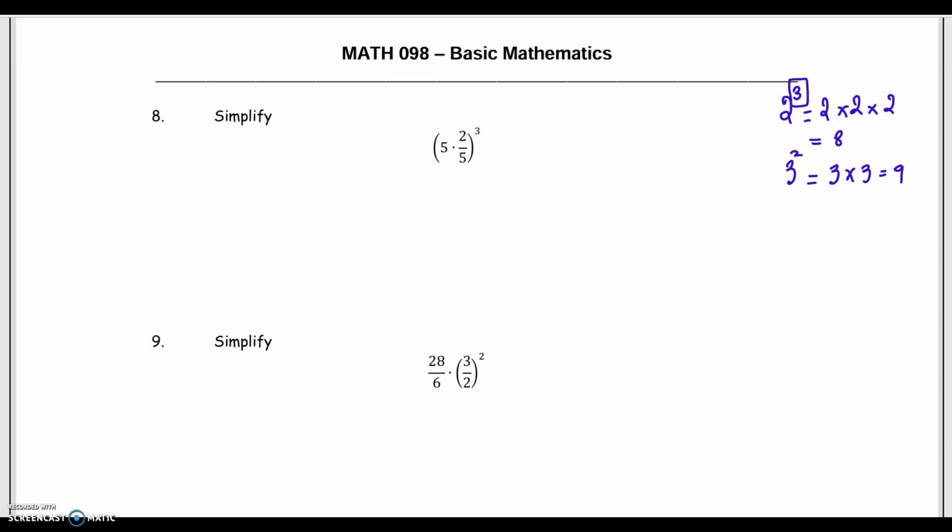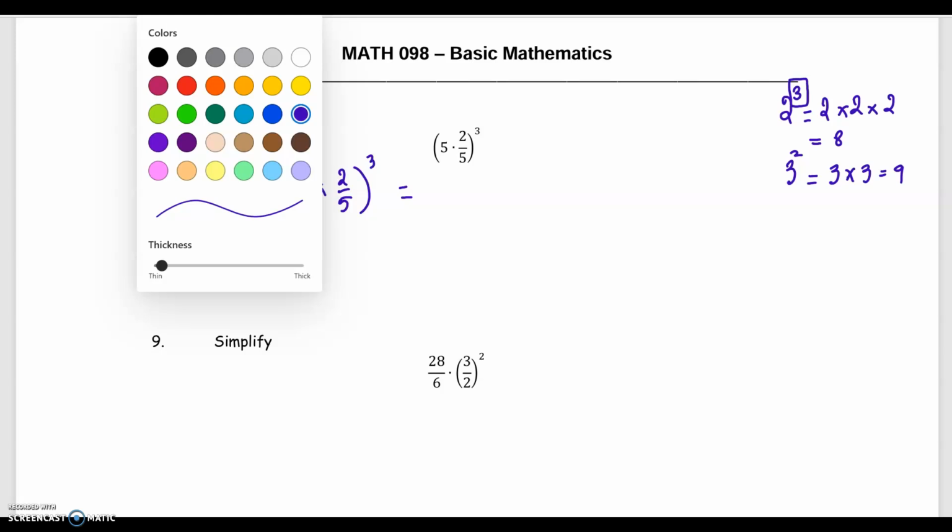So let's see how it works here. We have in parentheses 5 over 1 times 2 over 5, and we cube it. Now, order of operation says parentheses first. What that means is we simplify what's inside the parentheses first.